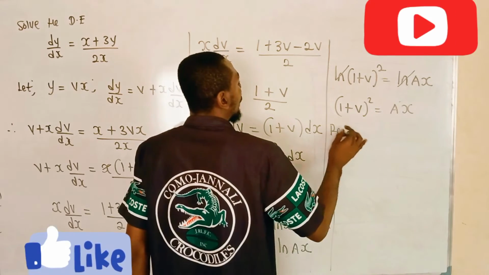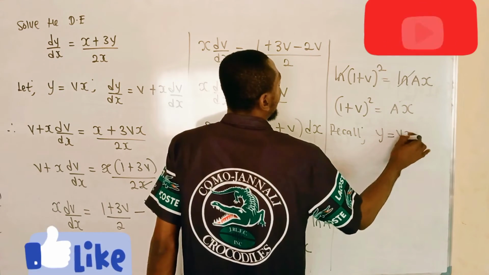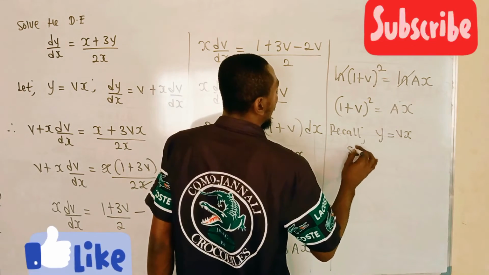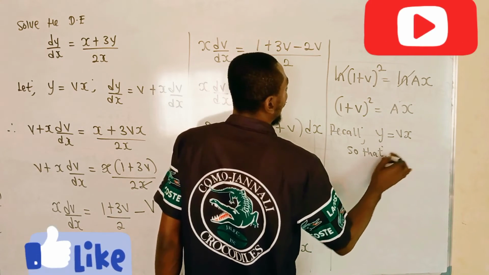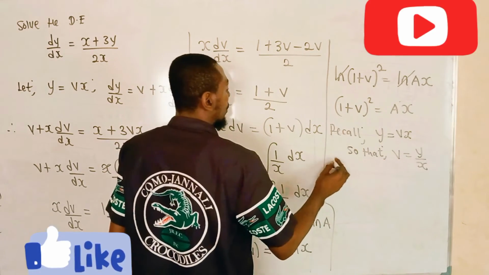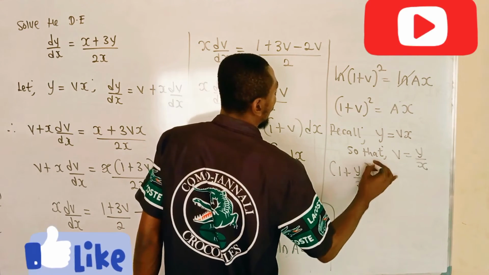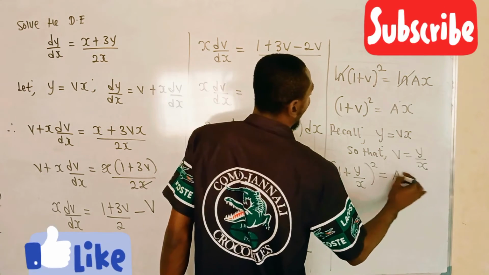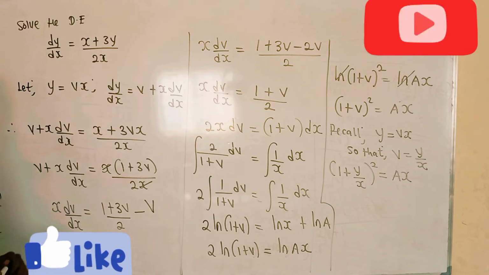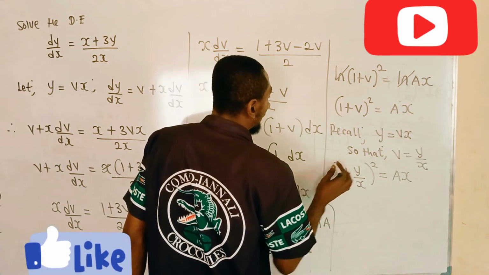Then recall that our y is equal to vx, and of course v is equal to y over x. So we have to substitute here: 1 plus y over x all squared is equal to ax. We find the LCM here.